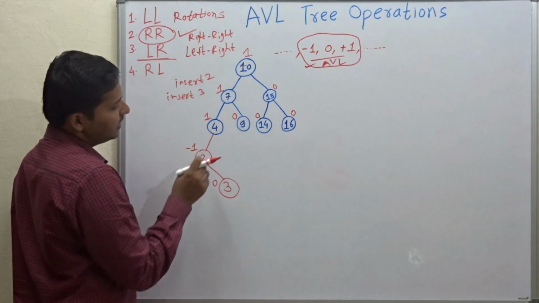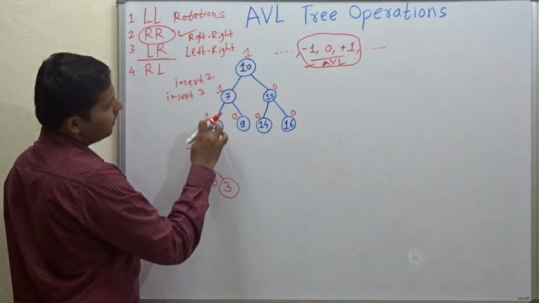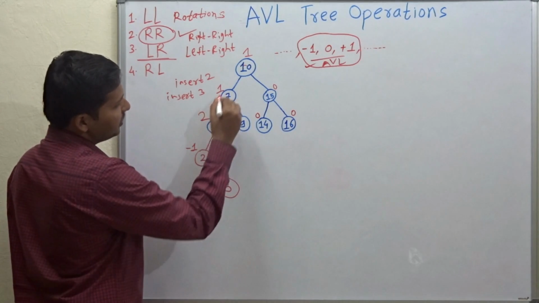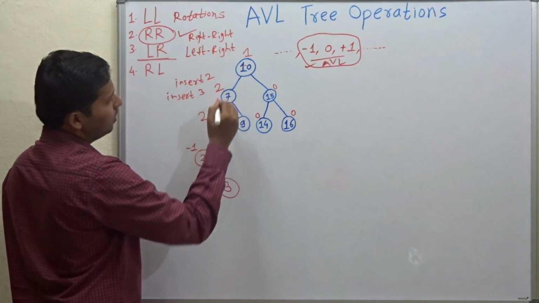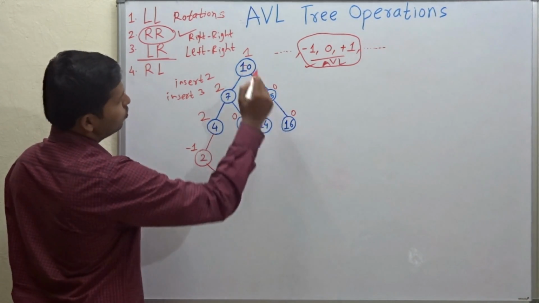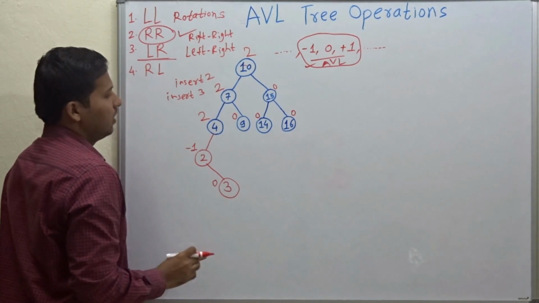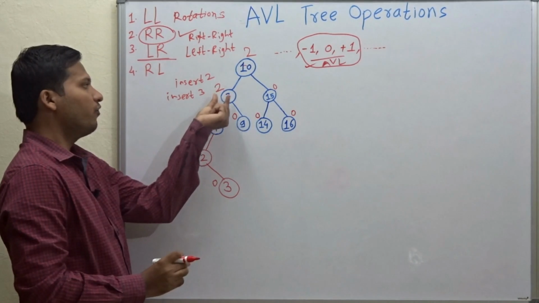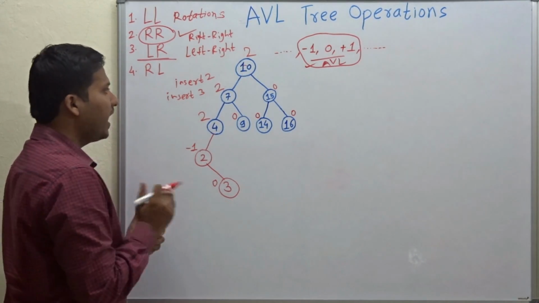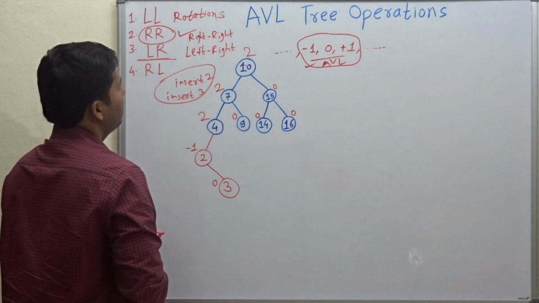For 4 it is 2 minus 0, so that is 2. For 7 it is 3 minus 1, so that is 2. And for 10 it is 4 minus 2, so that is 2. Okay, now as 2 is the balance factor for some nodes here, this is not an AVL tree now. We have to perform some operations and convert it into the AVL tree.